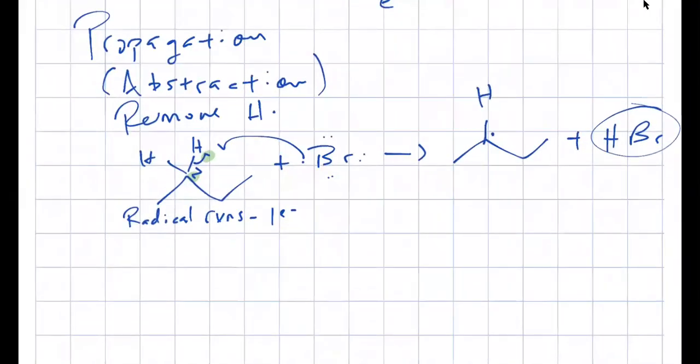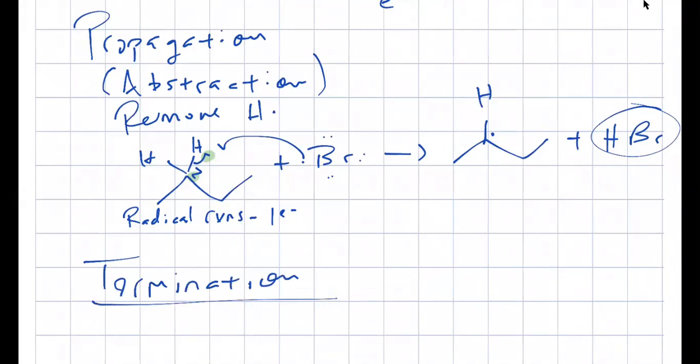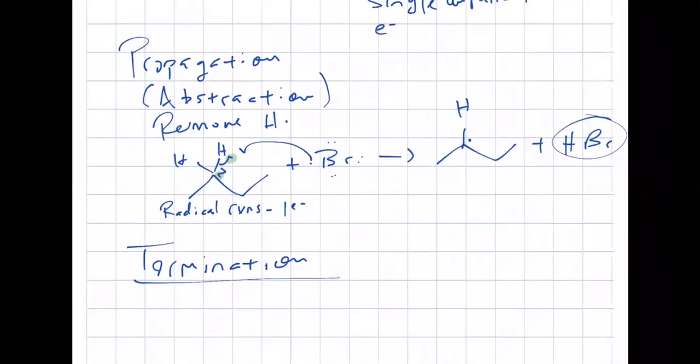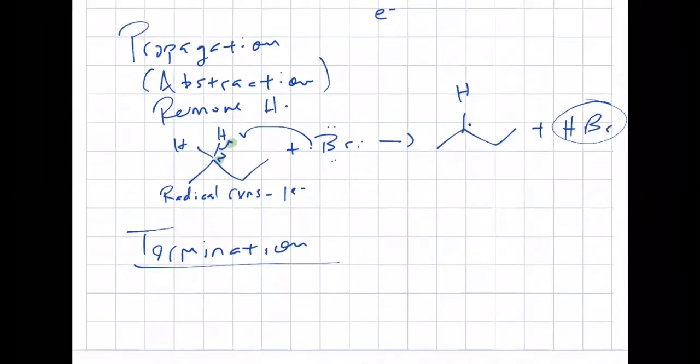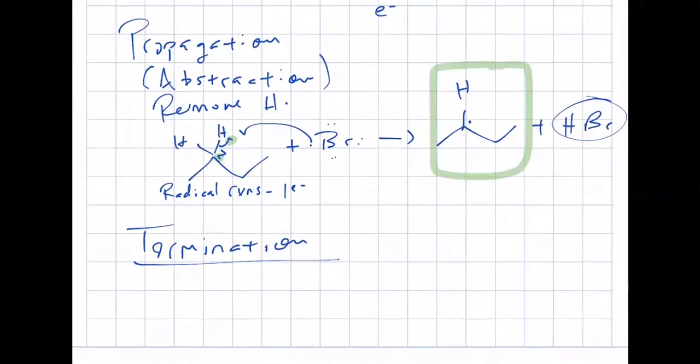All right. So you have an initiation, propagation, and then the last step is termination. And in termination, you're going to take this radical and pair it up with bromine.